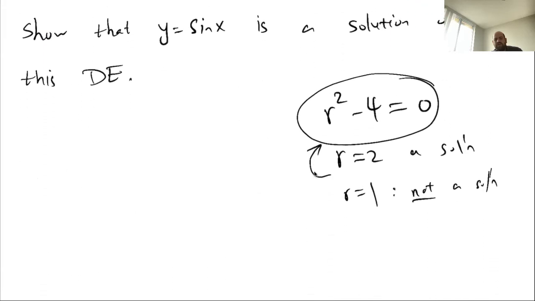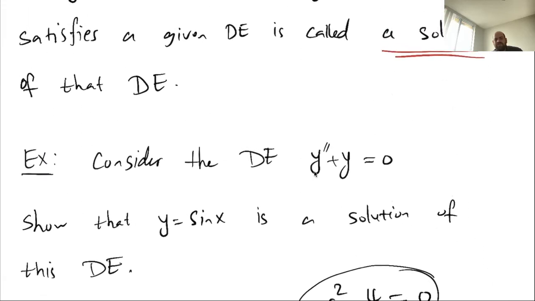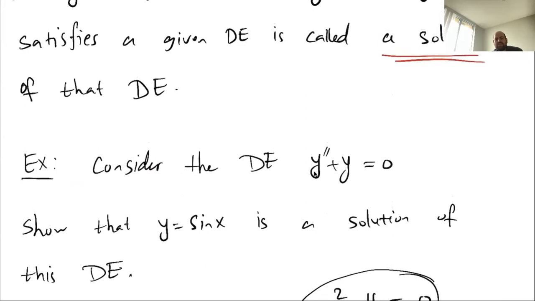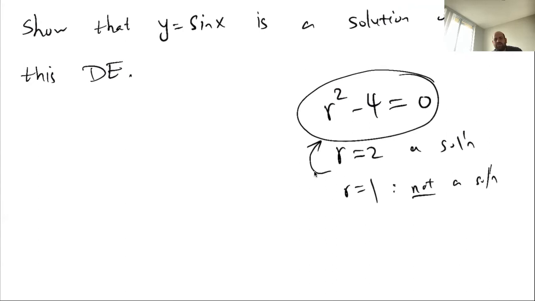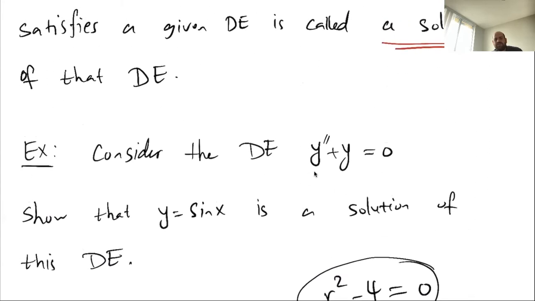So instead of powers, here we have derivatives. So second derivative of y plus y equals 0. And r is a number there, but here y is a function, okay? So a differential equation is a type of equation, but what is the difference with the equations that you have seen before? Instead of numbers, we have functions, and instead of, for example, powers, we have derivatives. Still, a solution means a function that when you replace y with that function, the equation is satisfied.